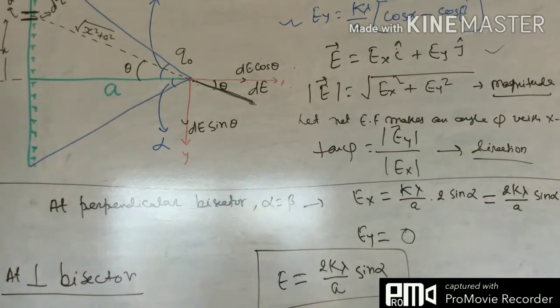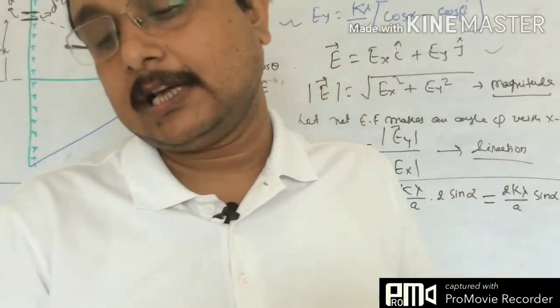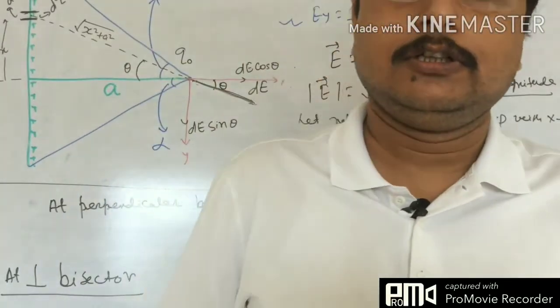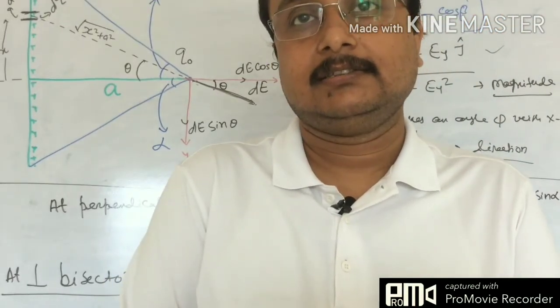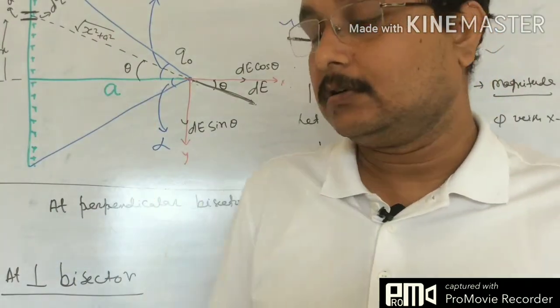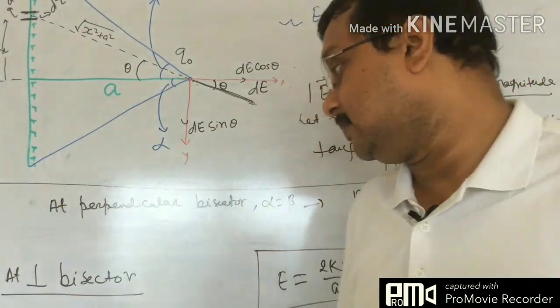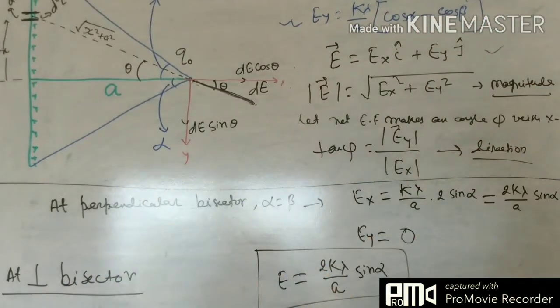So friends, in this way we calculated the electric field due to infinite line charge, finite line charge and semi-infinite line charge also. For the perpendicular bisector, the value of electric field E equals 2k lambda by a sin alpha.